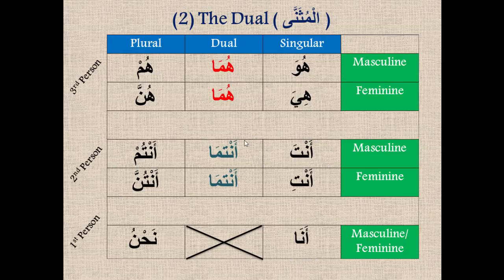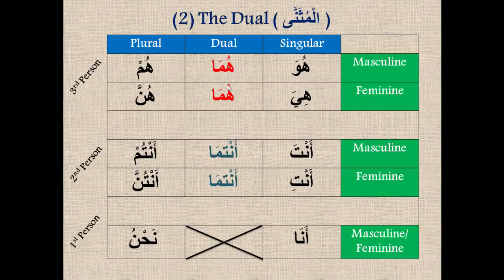And then the pronouns for the second person, masculine and feminine, are also identical. We have antuma. So we have anta, antuma, antum, anti, antuma, antunna. So antuma would be used when you are directly addressing two individuals, both in the masculine and in the feminine.